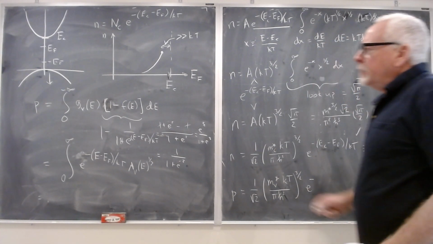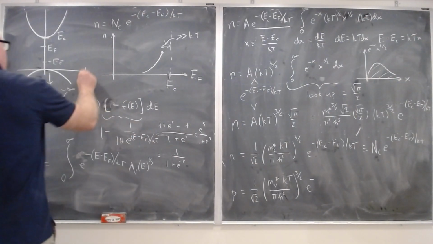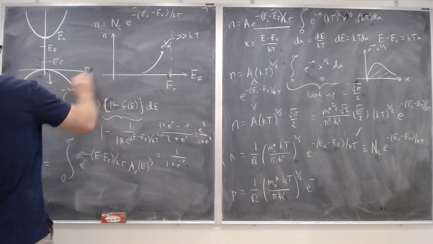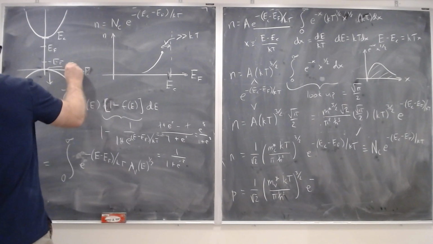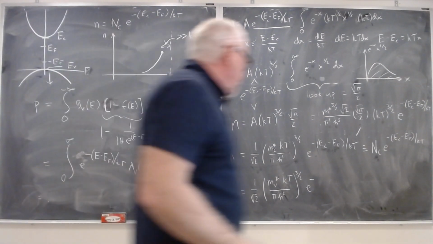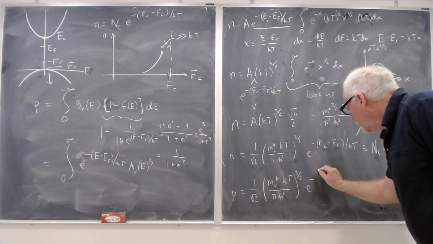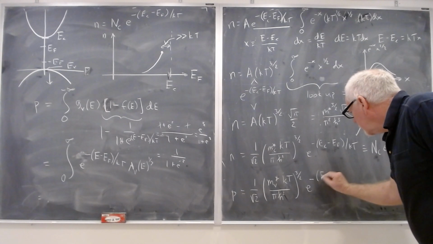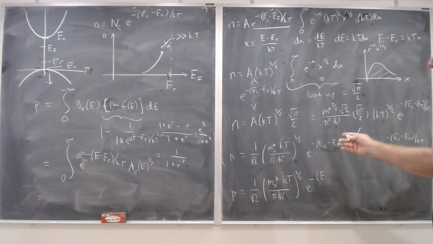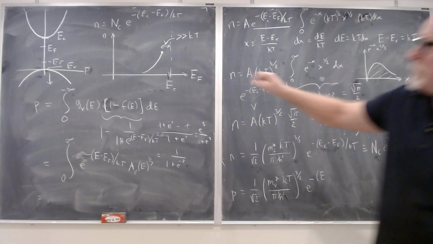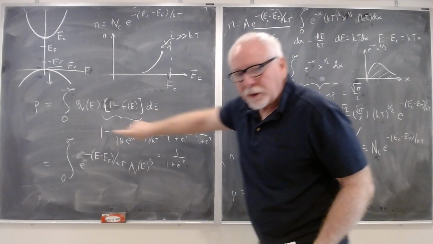And now I'm going to call that E sub V, meaning the top of the valence band, just so we have some symmetry here. Now, think about it. What's the positive quantity? The positive quantity is now EF minus EV.